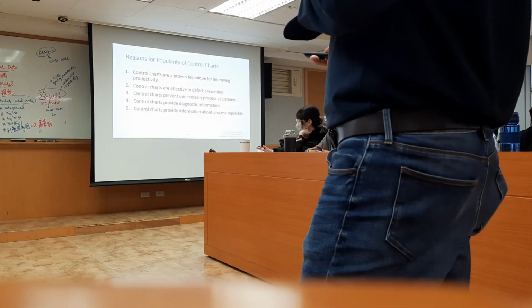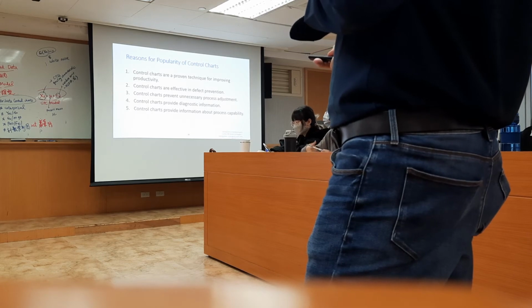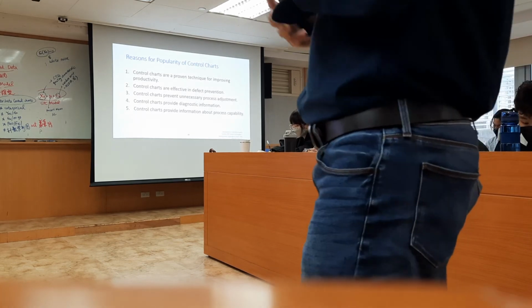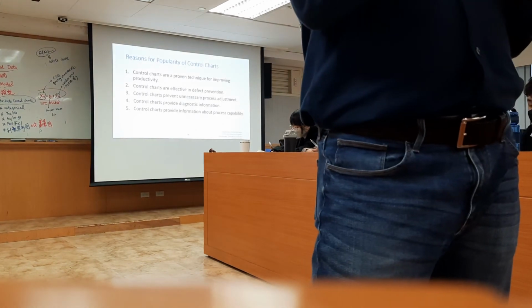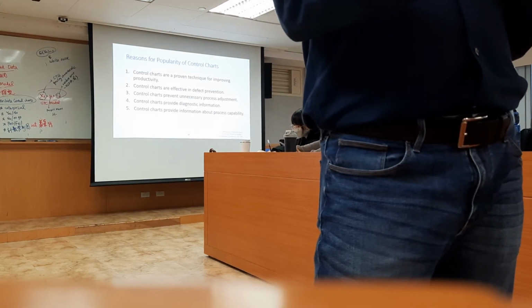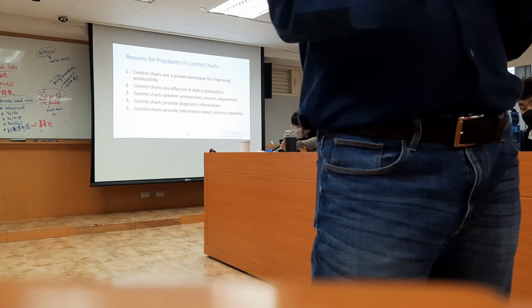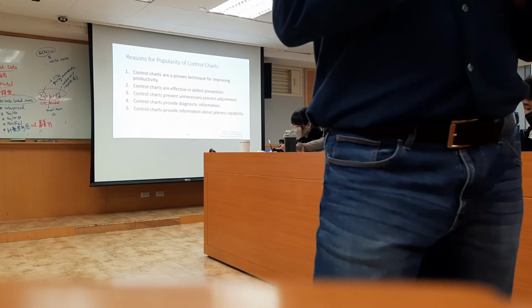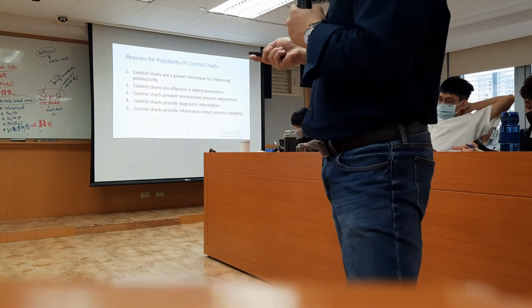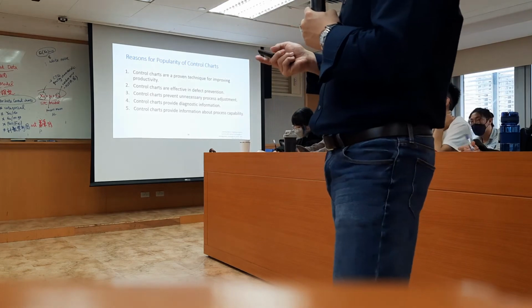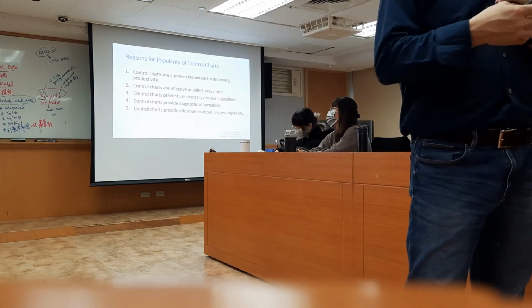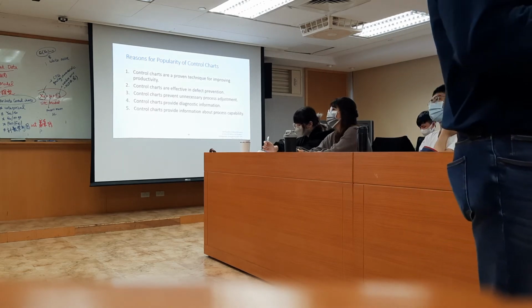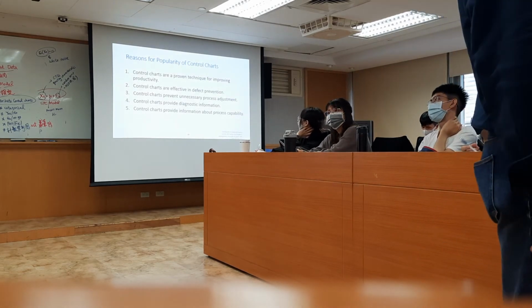The first one, control charts are a proven technology for improving productivity, like quality improvement, and are really useful in reducing variability. So it is a proven technique for improving productivity. Now you're taking the course of the production manual. So what is the definition of productivity?